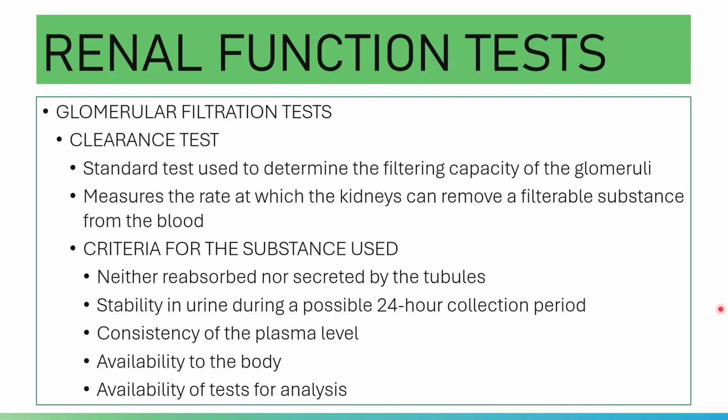Please note accordingly that there are two types of substances: endogenous and exogenous. Endogenous substances are readily available inside the body, so they are produced inside the body, while exogenous substances are not produced inside the body, and you need to administer them externally.